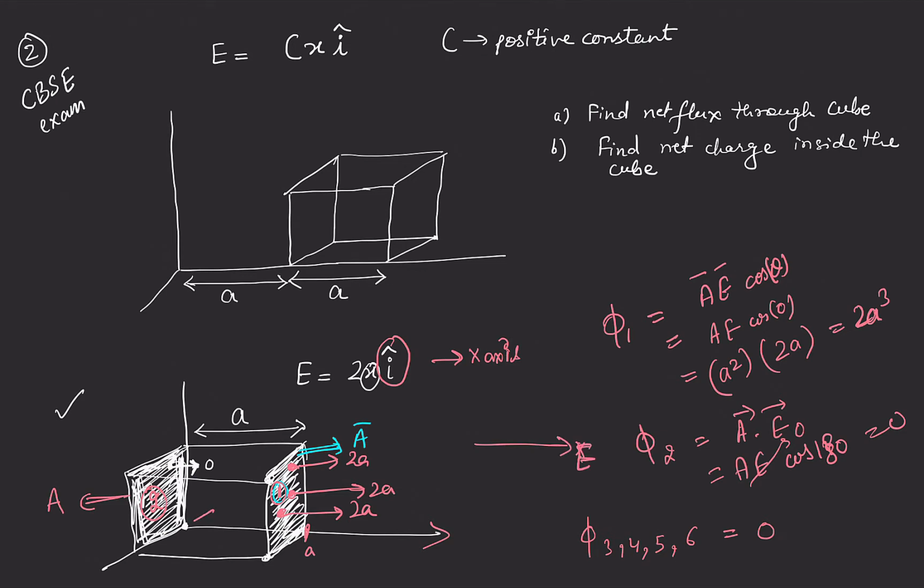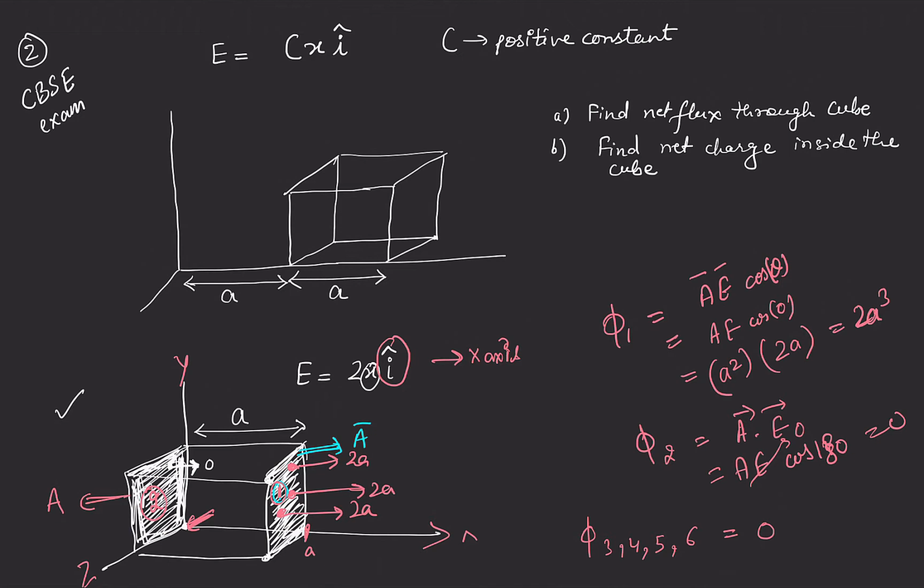But here the area vector would be along, let's say for the front surface here, the area vector would be along the z-axis. The z-axis is perpendicular to the x-axis, so this would be basically a 90-degree angle, and AE cos 90 is 0. Basically, for the planes for which the electric field lines are parallel to these planes, the flux through planes 3, 4, 5, 6 is 0.